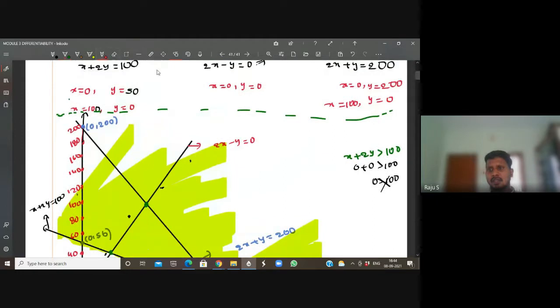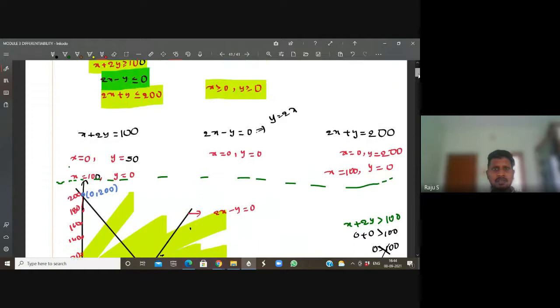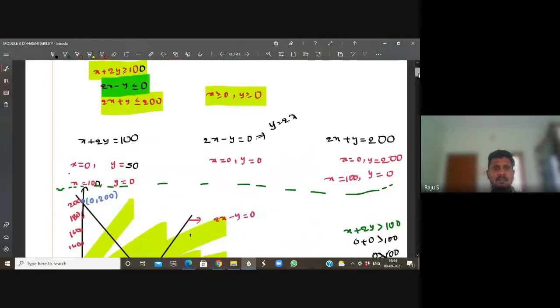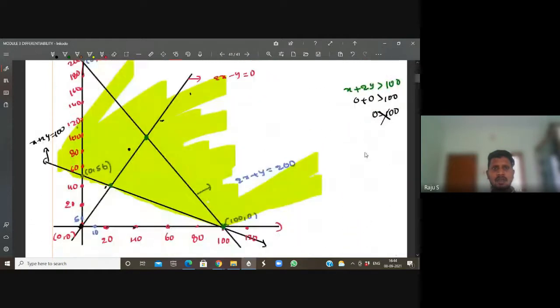Coming to the second one. The second one is 2x minus y is lesser than or equal to 0, nothing but 2x is lesser than y, or y greater than 2x. Y greater than 2x means what is the region number?